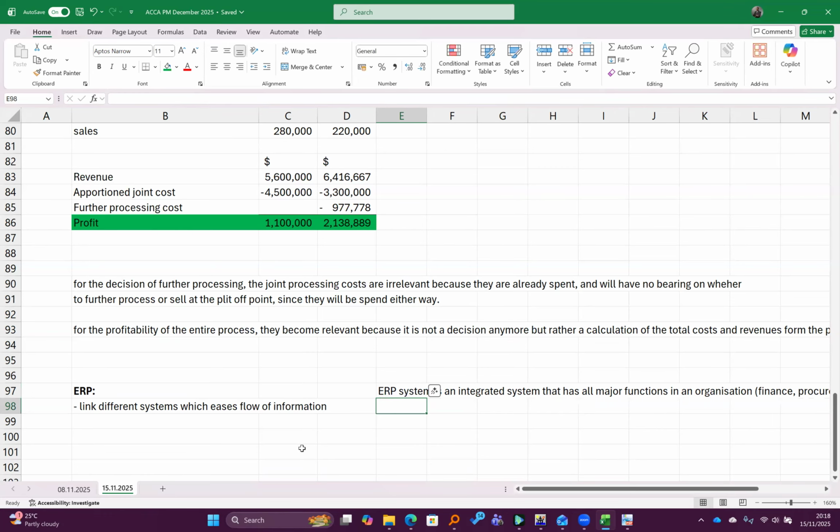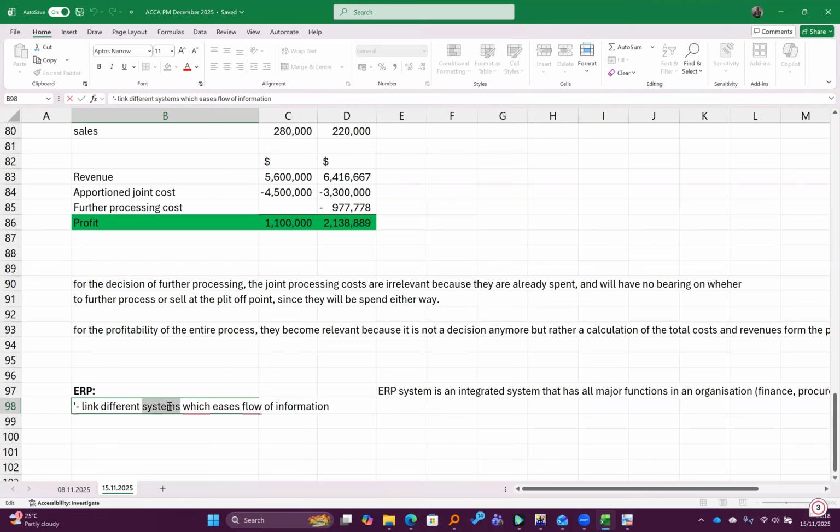So the easiest benefit, of course, is that it links them. Here we don't say systems, but we are going to say it links different departments or functions, because the system is only one. The system is one which links the different functions, and which is the flow of information.